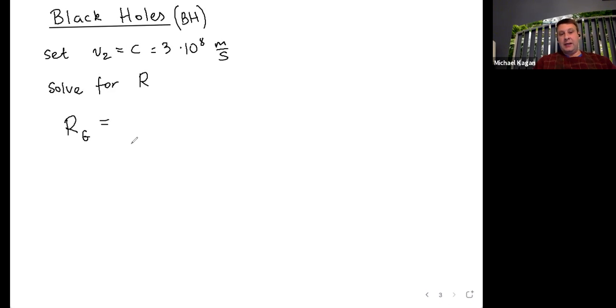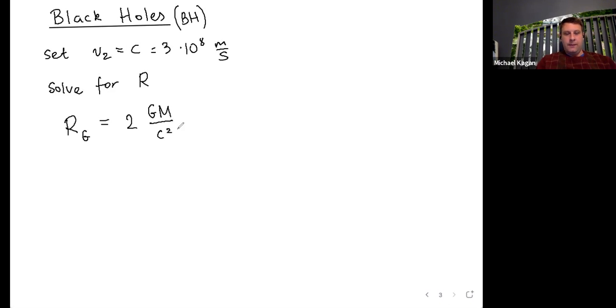I'm not sure if Laplace himself called it gravitational radius, but this was the term originally, and that is given by, if you do the math, 2GM over c squared. Now, M could be the mass of any object. Basically, this equation answers the question: to what radius do you need to squeeze an object of a given mass to turn it into a black hole? Make sense?